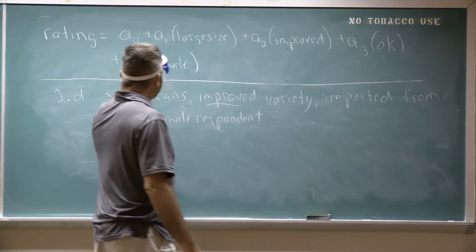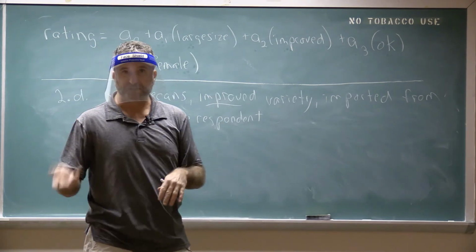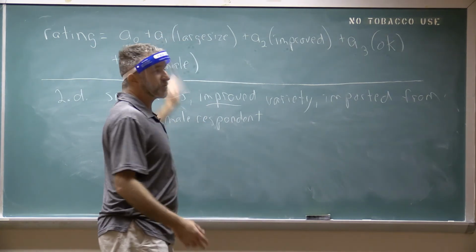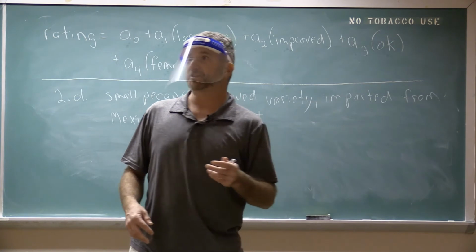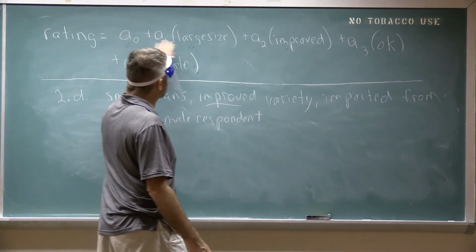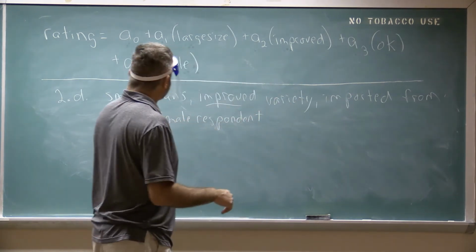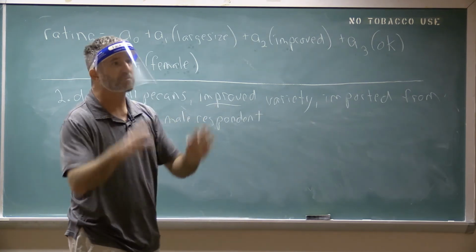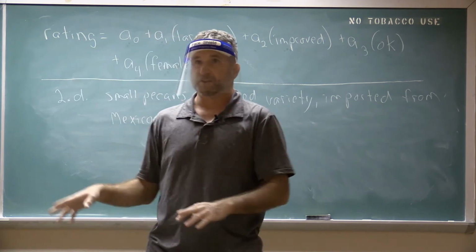Well, then this A4 would just be in both the equations, and the only change would be A1's large size. Conversely, instead of using an indicator variable for female, you could make the indicator variable for male such that the default is a female. You get the same coefficient values for A1, A2, and A3. So when I'm about to say that A2 lets us look at the impact of the improved variety, that impact is the same for males and females.